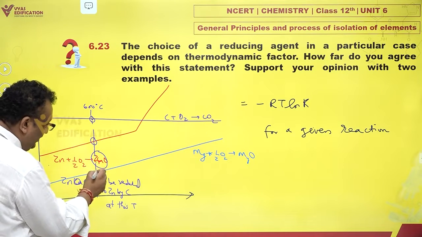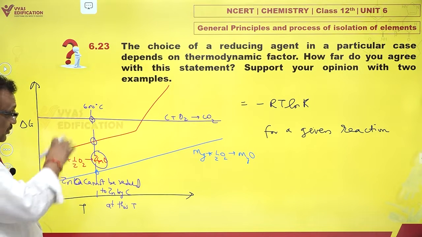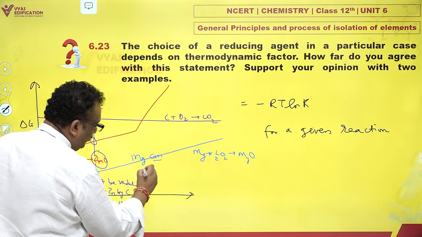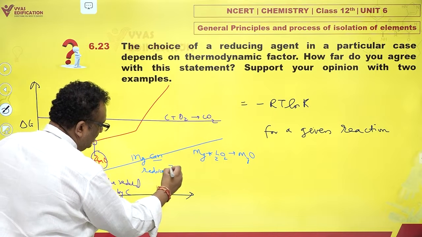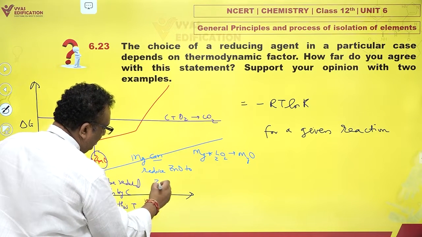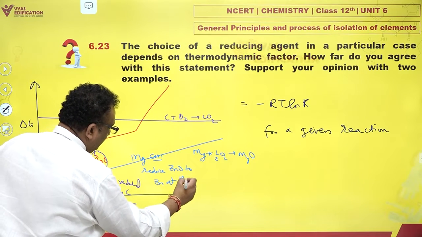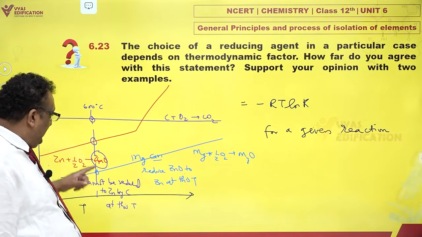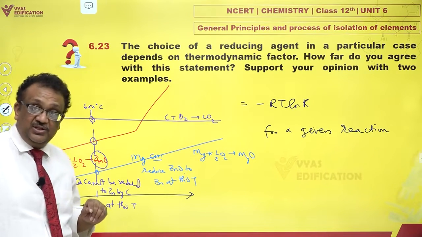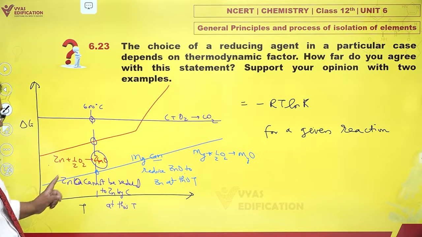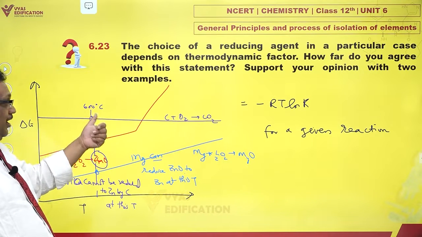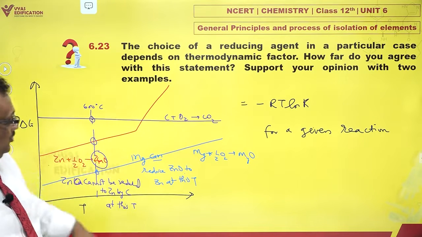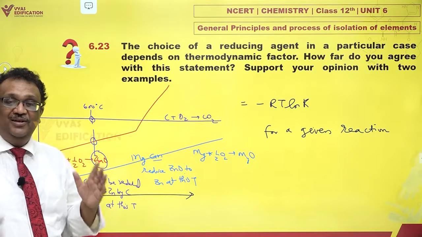So, since magnesium lies below zinc, magnesium can reduce ZnO to Zn at this temperature. So these are two examples. At this 600 degrees Celsius temperature, magnesium can reduce zinc oxide to zinc, but carbon cannot reduce zinc oxide to zinc, simply because of the thermodynamic factor of delta G.